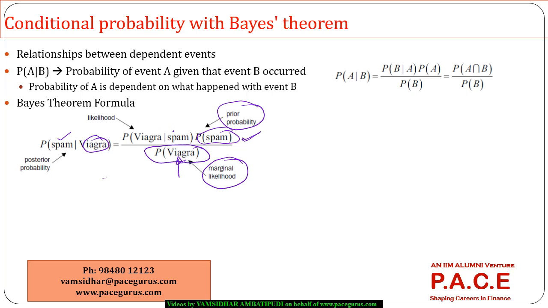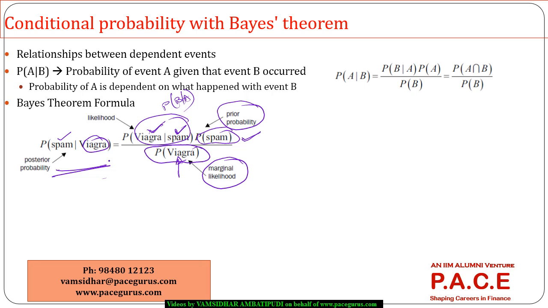Then I am looking at the probability that, given a particular mail is a spam, what is the probability that there is the word Viagra in it? So this is like P of B given A. So what we are saying is I can very well find out P of A given B, given the unconditional probability of A, also the marginal probability of B, and along with that, if A has occurred, what is the probability of B occurring.